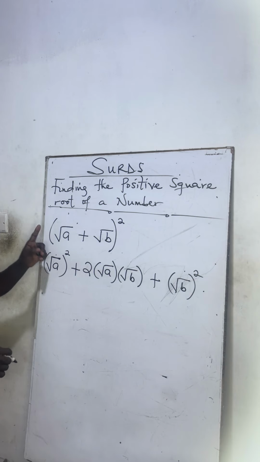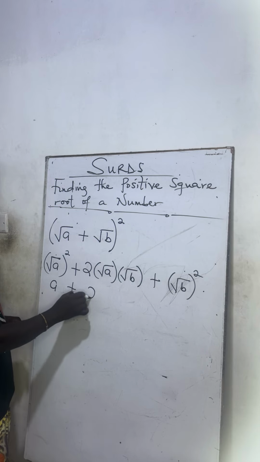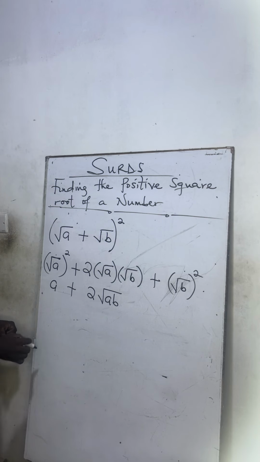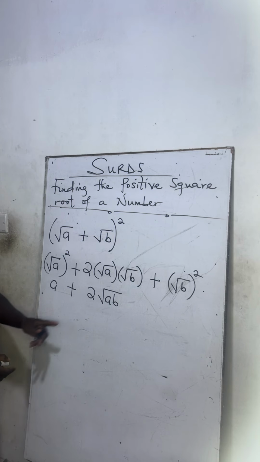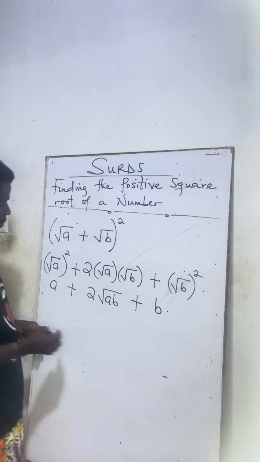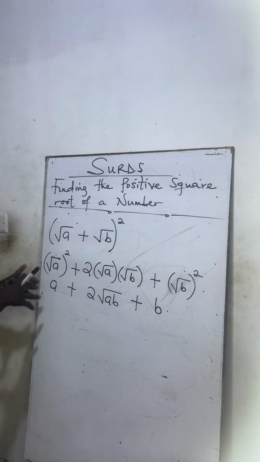Now square root of a all squared, we get a, plus here we get 2 times square root of ab, because square root of a times square root of b is square root of ab, plus here we get b. Now a and b, let's use it as 1.